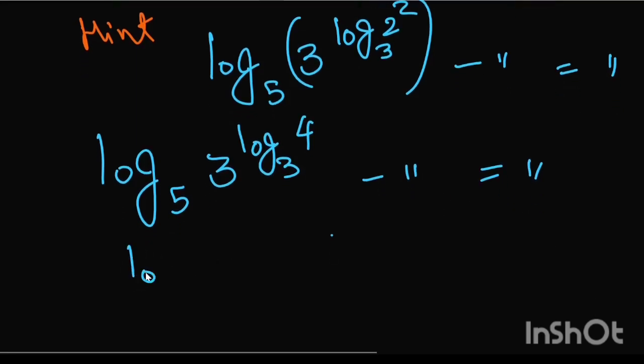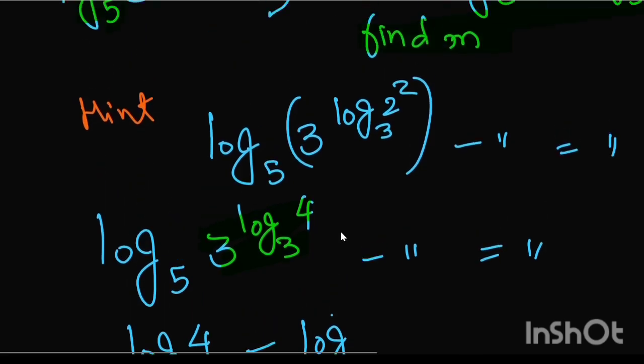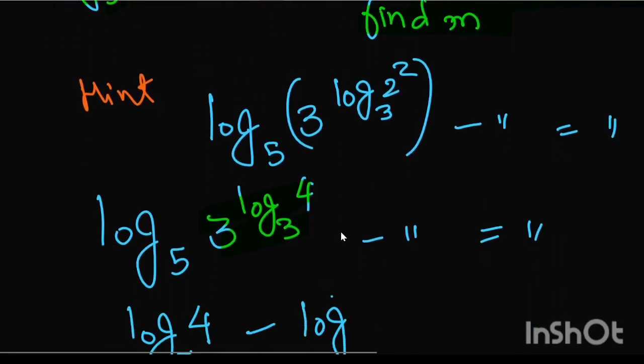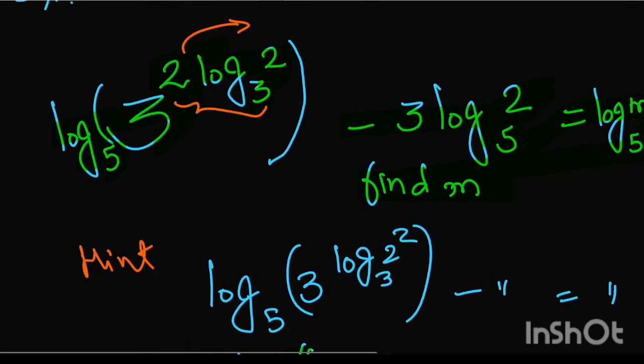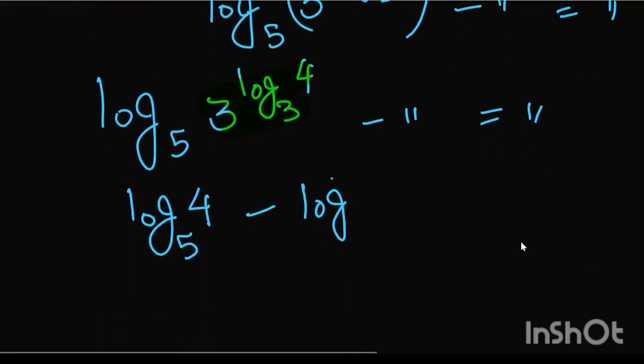This whole thing can be written as 4, because the bases are the same. Now I will write the second term, which was given to be 3 log 2 base 5. It can also be written like log 2 to the power 3 base 5, which is log 8 base 5.